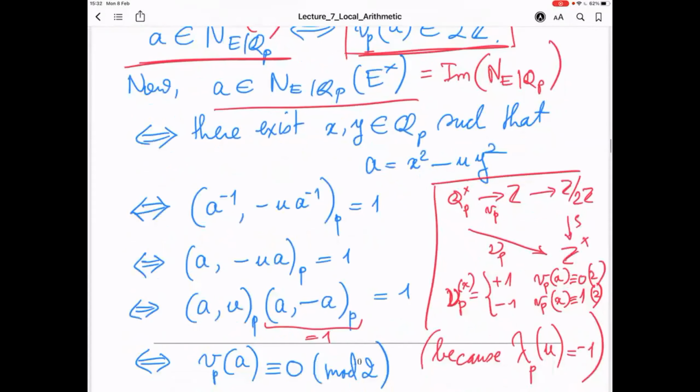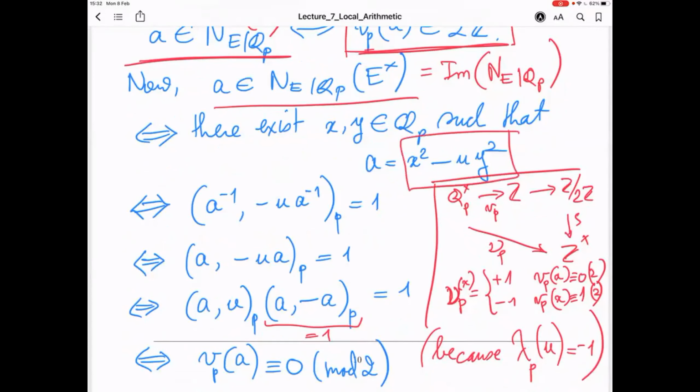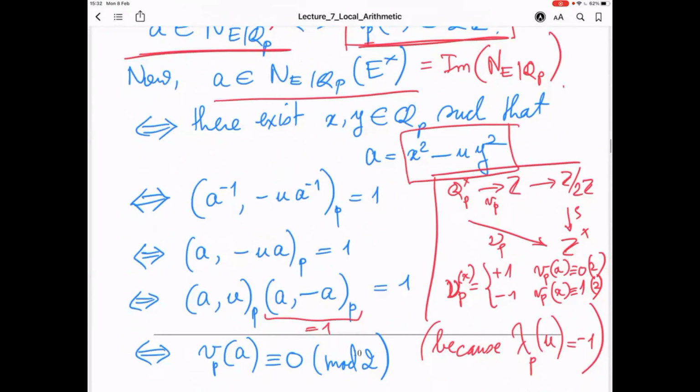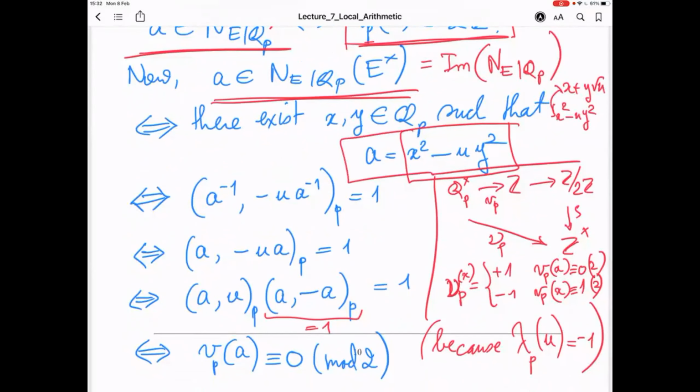By definition, this is the norm map, right? It takes x plus y root u to x squared minus u y squared. So if A is in the image, it means that A is equal to x squared minus u y squared for some x, y in Q_p.